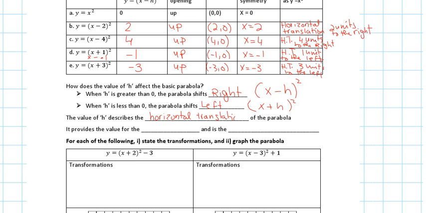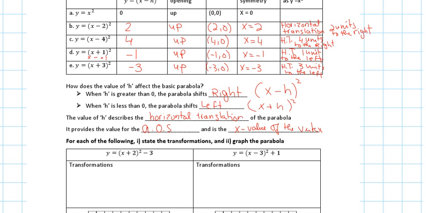It provides the value for the axis of symmetry and is the x value of the vertex. Okay? So h is the x value of the vertex, and k is the y value of the vertex.